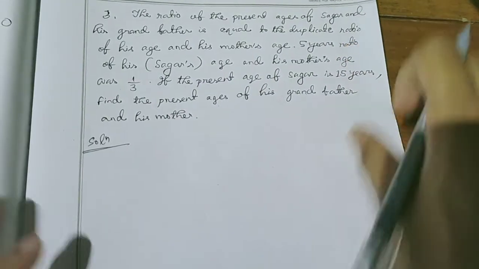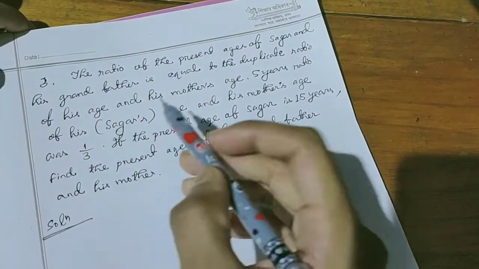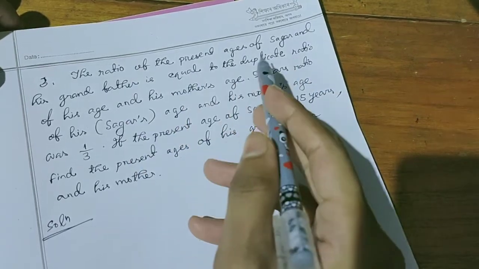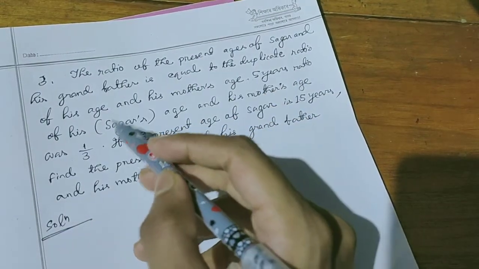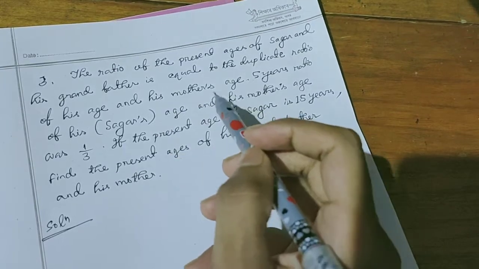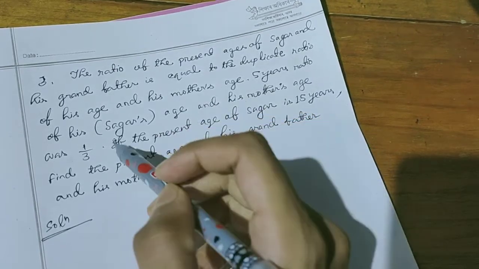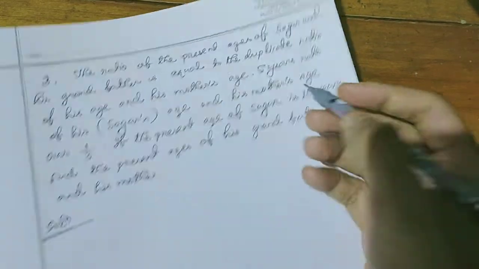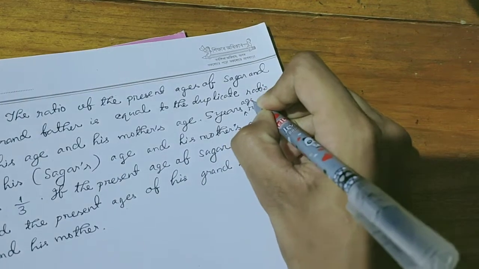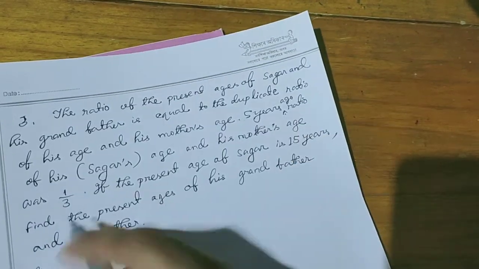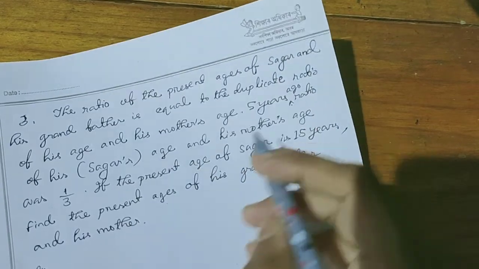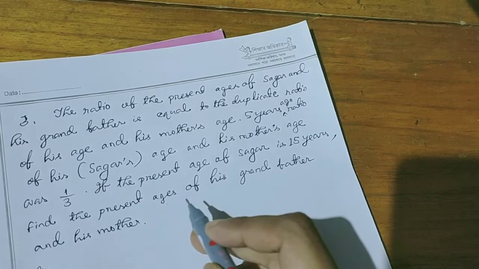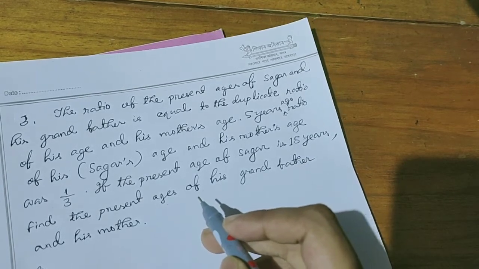So the question says the ratio of the present ages of Sagar and his grandfather is equal to the duplicate ratio of his age and his mother's age. 5 years ago, ratio of Sagar's age and his mother's age was 1/3. If the present age of Sagar is 15 years, find the present ages of his grandfather and his mother.